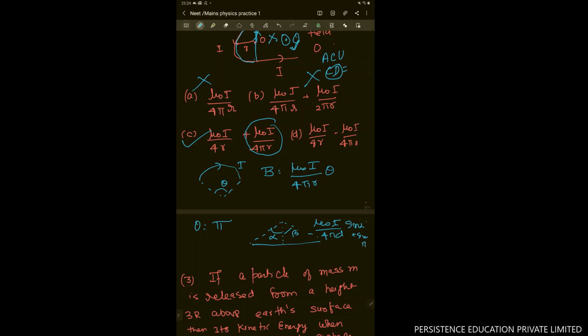We know for an infinitely long wire, alpha and beta will be 90 degrees. But if you're taking a long wire and it is at one of the ends, then one of the angles will become 0. So we call it the condition of a semi-infinite long wire. In that case, in place of alpha, you can put 0, and in place of beta, you can put pi by 2. So you will get mu naught I upon 4 pi r.